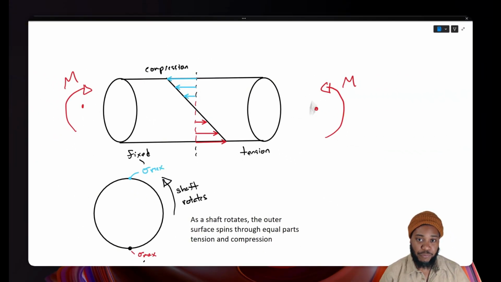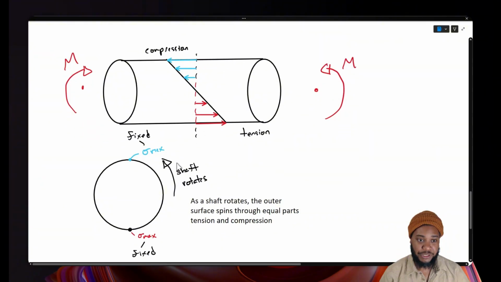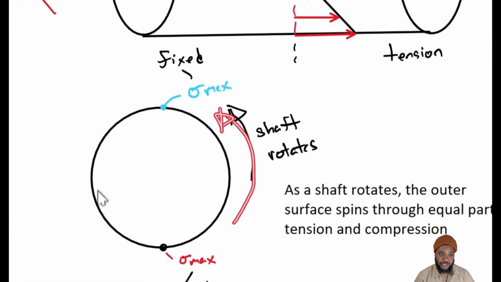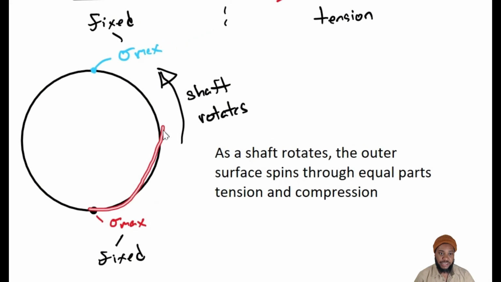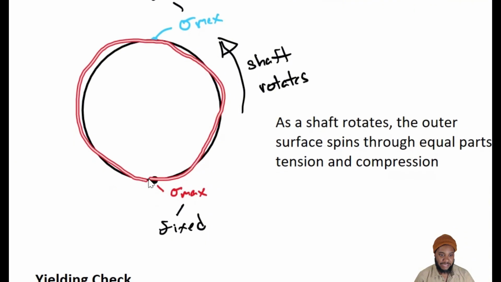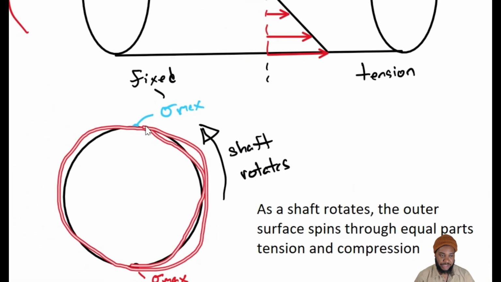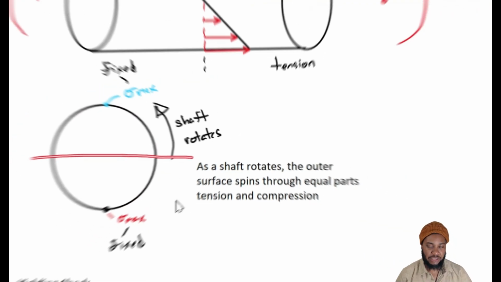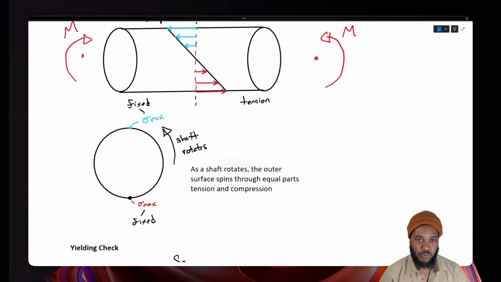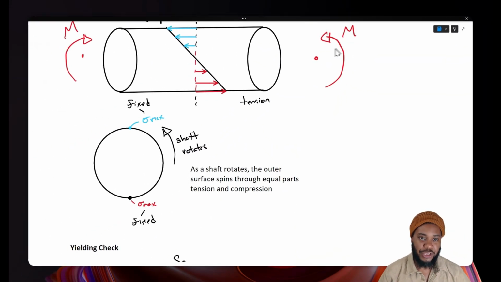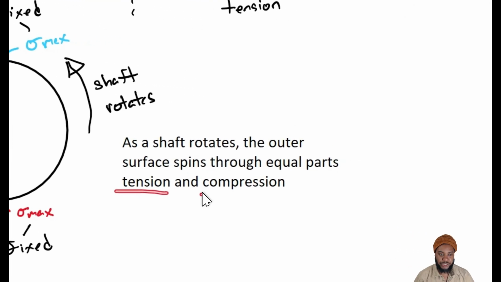However, if we load it with this bending moment and it is a rotating shaft, then as the shaft rotates, each part of the surface is going to go through equal parts of max tension and max compression, pulsating through zero across the neutral axis. And so this is where, even if the mean stress is constant, if it's a constant load, if the shaft is spinning, it'll go through equal parts tension and compression.